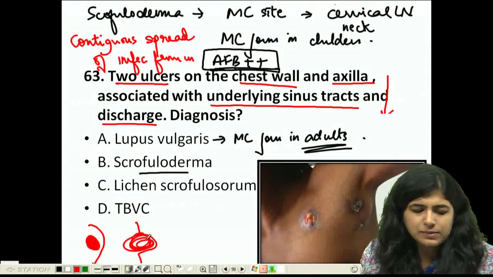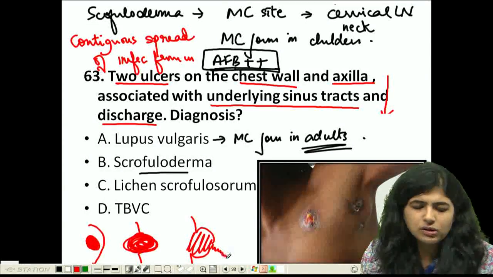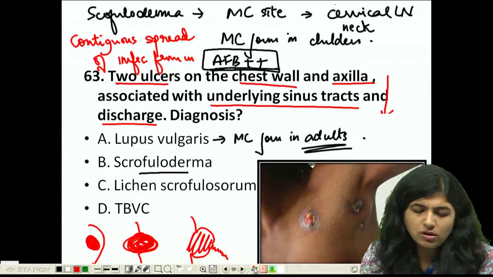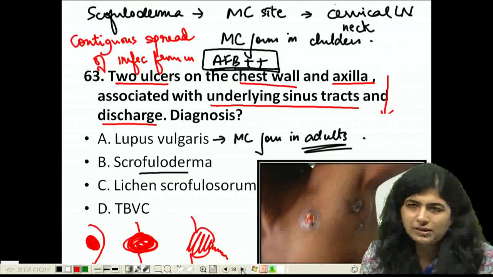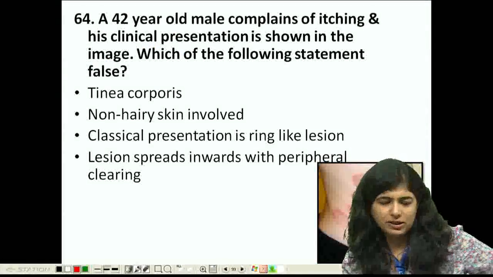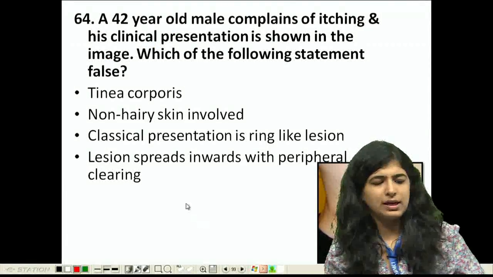It will form a cold abscess here, and then one day it will break out, leading to discharge of pus. It will be adherent, and can be there from a bone, a joint, a lymph node, wherever there is tubercular infection. Moving on to the next question.